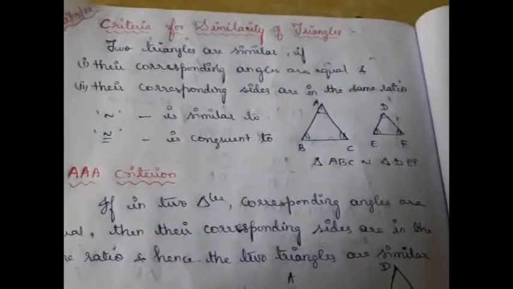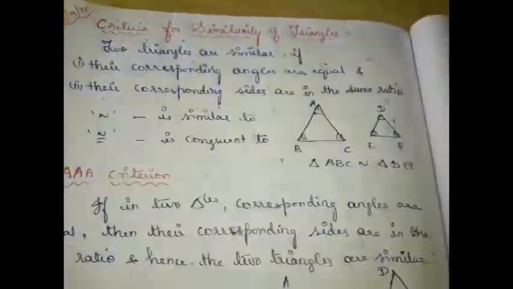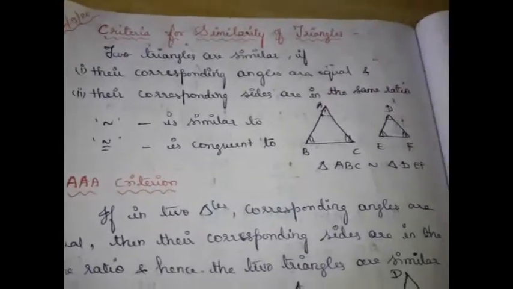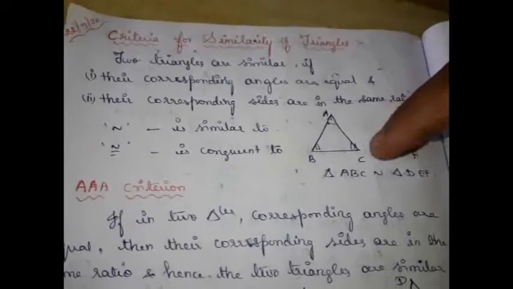As we insist on the correspondence between the angles in congruency, in similarity also it plays a vital role. The correspondence should not be changed. If we say A corresponds to D, then when you are writing the similarity condition, A should correspond to D, B should correspond to E, and C should correspond to F. Their correspondence should be retained.